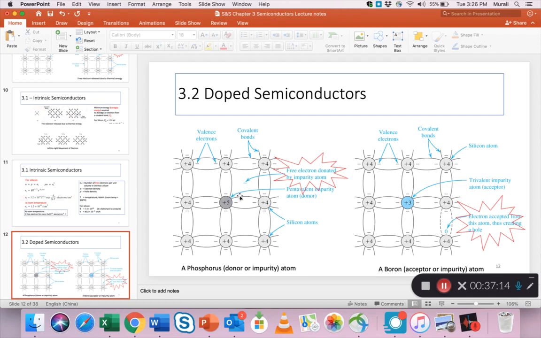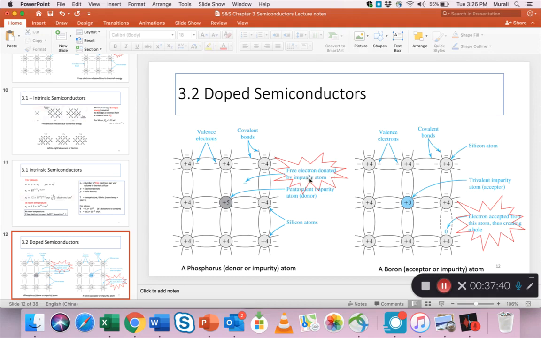And a donor doping creates a free electron because it already had 5, it sits here with 4, and so 1 is loose. So a free electron has come into this structure, into the molecule, because we brought in the doping donor, phosphorus.